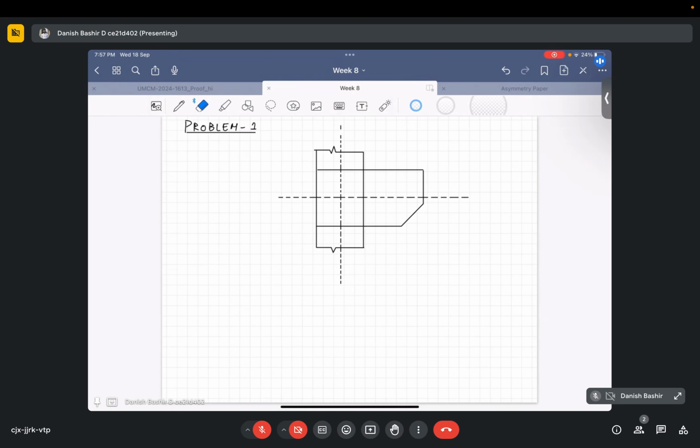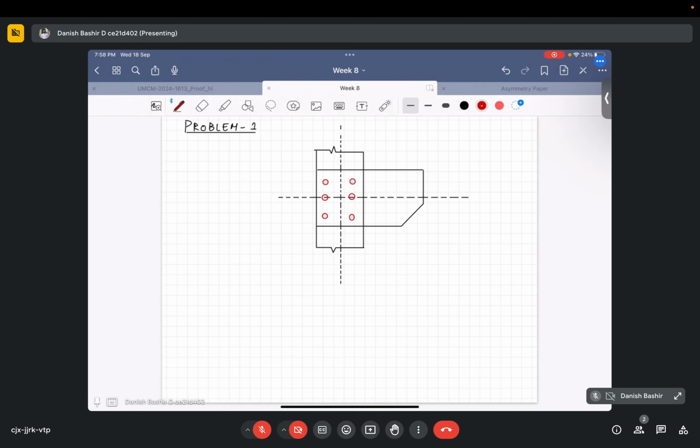It is having 6 bolts. One bolt is here, one bolt is here, one bolt is here, one bolt is here, one bolt is here, one bolt is here.